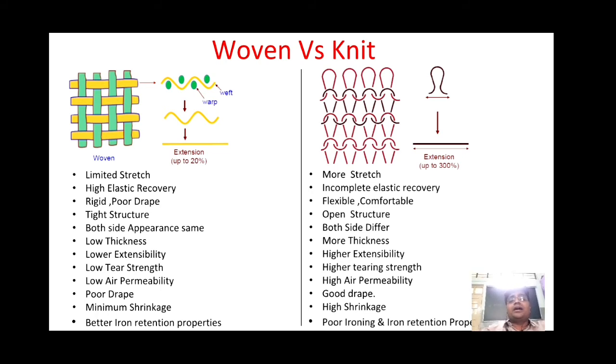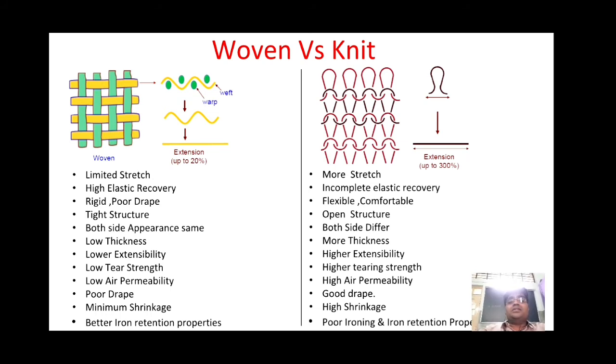And why is this higher? In the diagram you will see the loop shape, and when we extend it, it is going to come to a straight position as we pull, and definitely this is going to extend more than 300%.